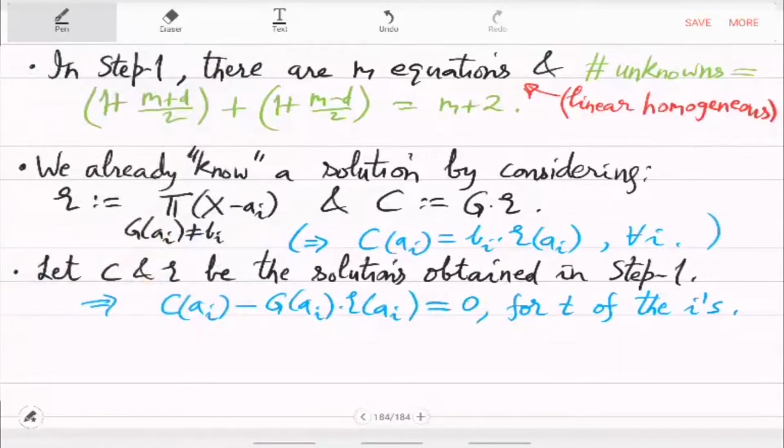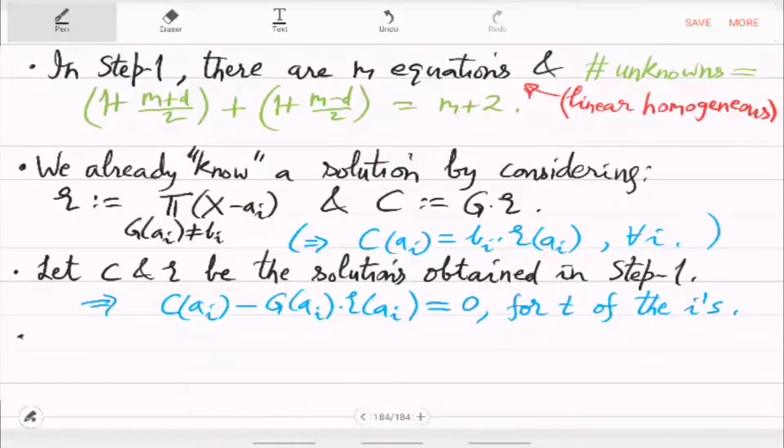This you know because for t of the i's, G(a_i) is equal to b_i. So whatever the solution C and E are, they will satisfy this at least for t of the i's, and for all of them they satisfy C(a_i) equal to b_i times E(a_i).